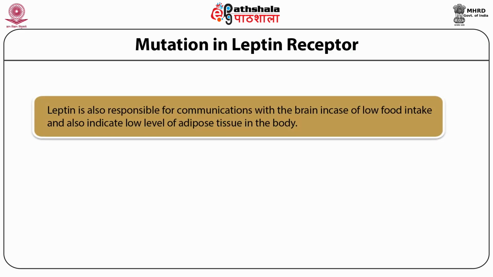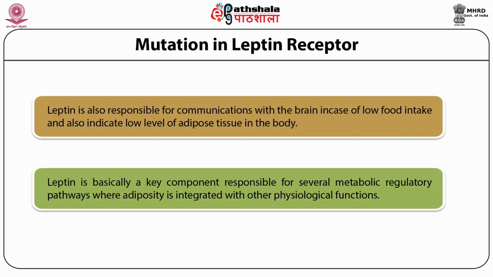Leptin is also responsible for communication with the brain in case of low food intake and also indicates a low level of adipose tissue in the body. The primary site where leptin acts is the hypothalamus, the region responsible for appetite, where the deficiency of leptin activates a series of neuroendocrine responses which help to conserve energy when the intake of food is not sufficient.